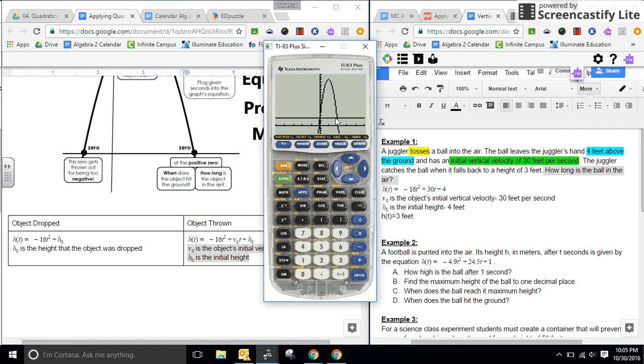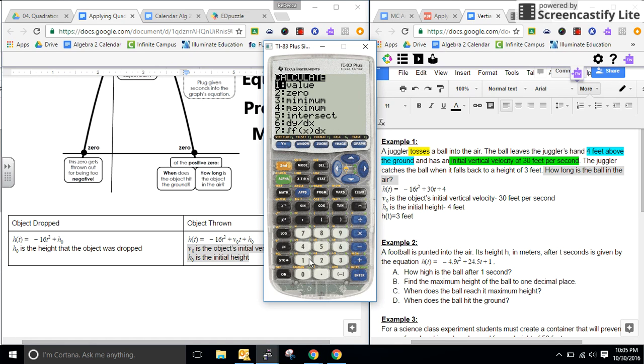We are looking at what time it hits 3 feet, so let's find both of these intersection points. If I do intersect, number 5, first curve, second curve, guess, it intersects at negative 0.03 seconds. Well, negative means nothing, so let's find the other one.